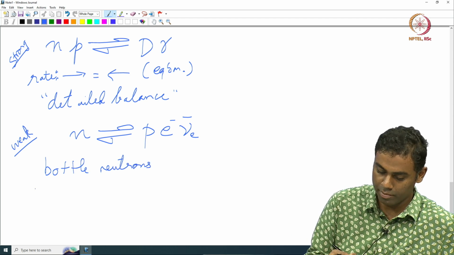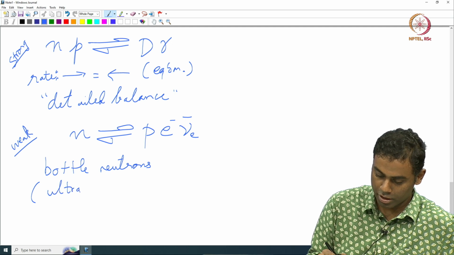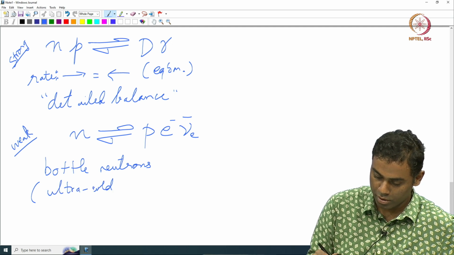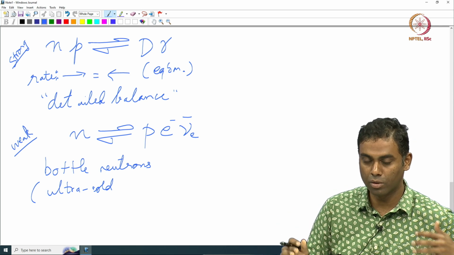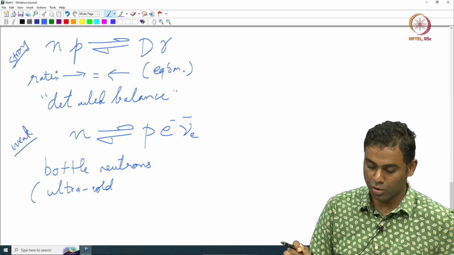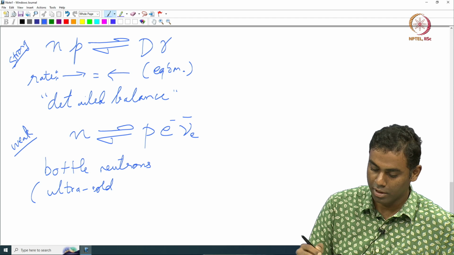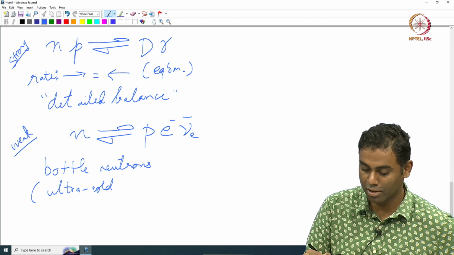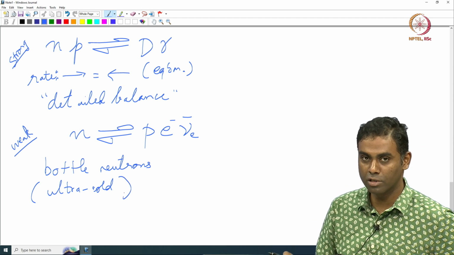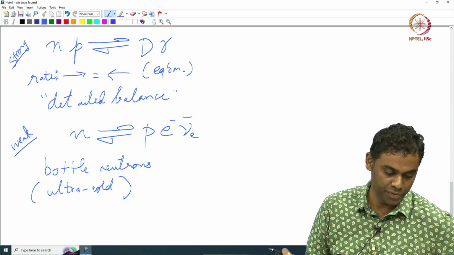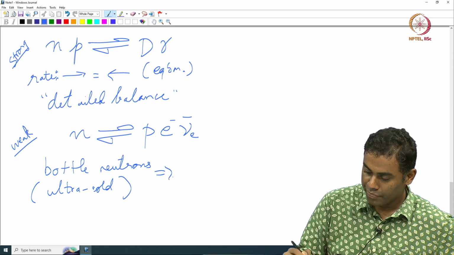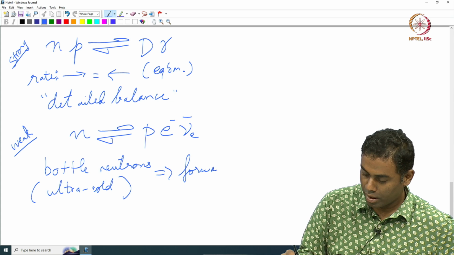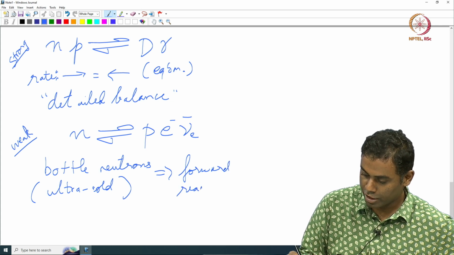You can even make them ultra cold. Using magnetic fields and things like that, you can slow them down and make them so slow that you can even outrun them. You can actually jog faster than them. So you can make neutrons a few meters per second, put them in a bottle, and so you can actually observe the forward reaction.